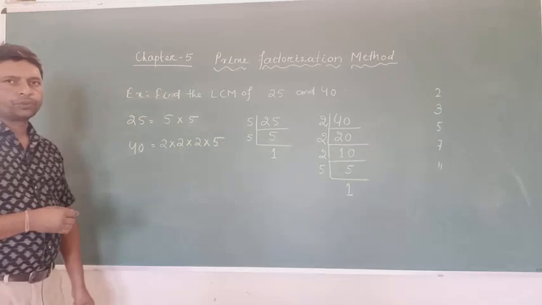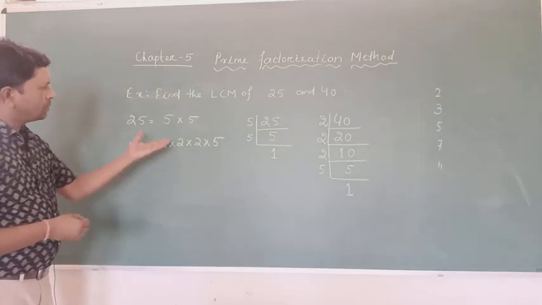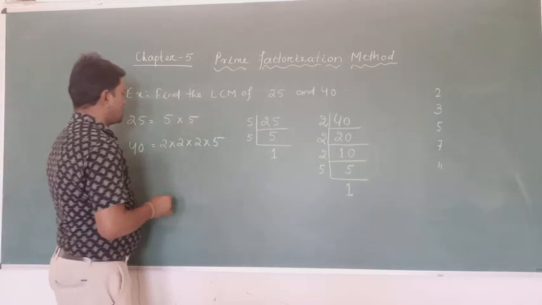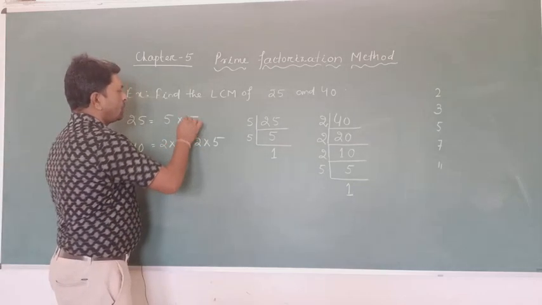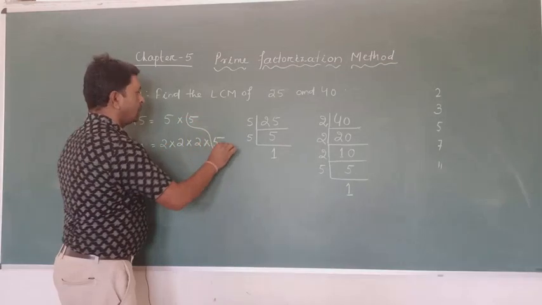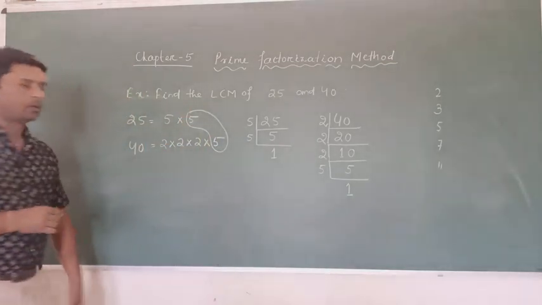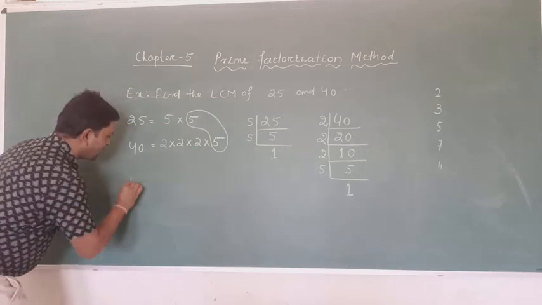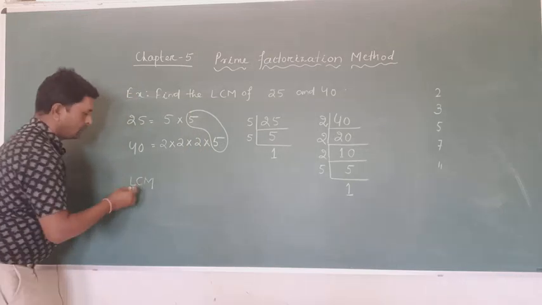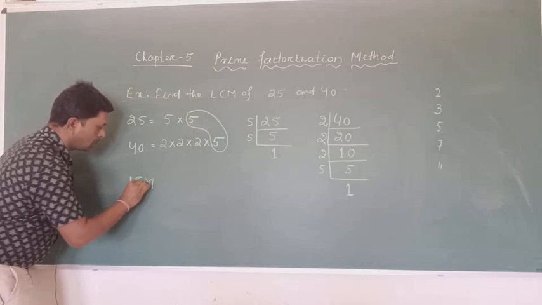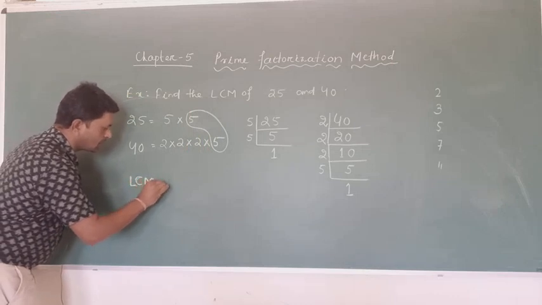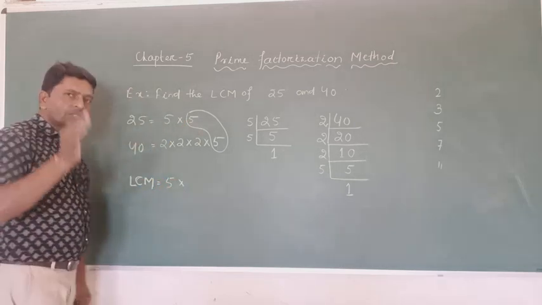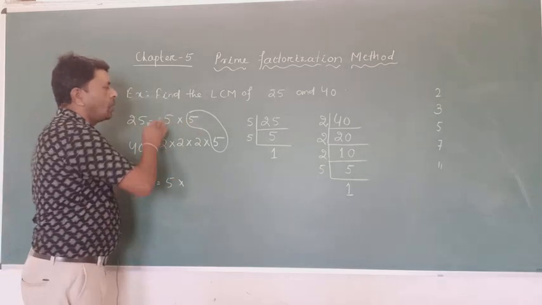Now what we have to do? Just take the common. First check the commons. So here 5 is the common only. So LCM is equal to 5 cross. Also we have to take all the uncommon numbers.